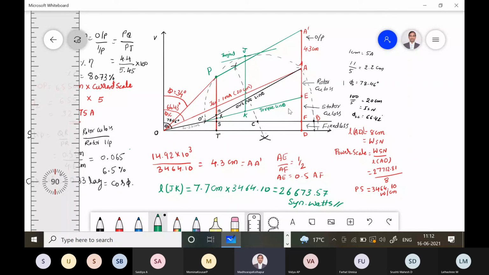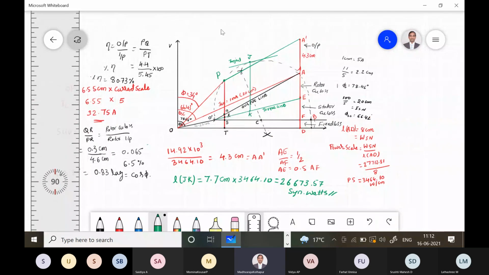Is it clear how to draw the circle diagram? Is it clear to everyone? Any doubt regarding this? Okay, and some of the problems, you practice them.